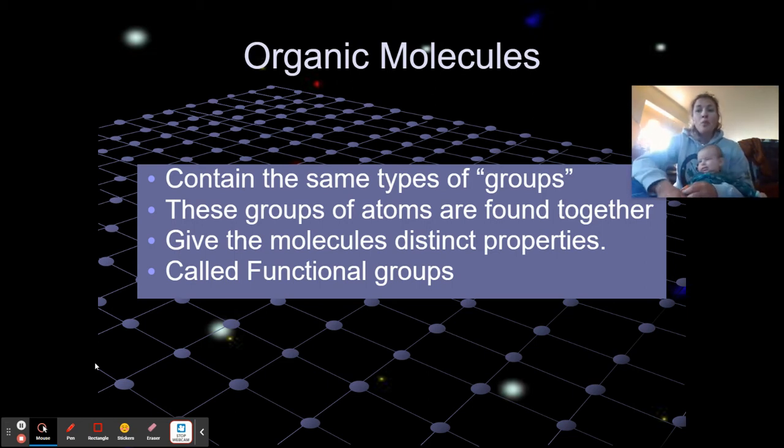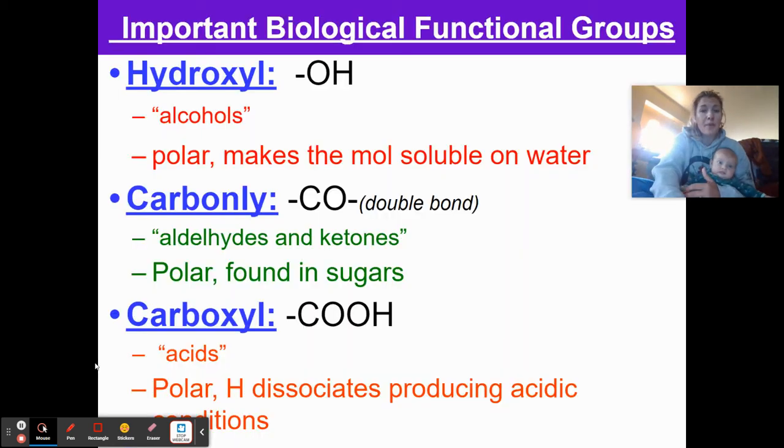This is going to be really important when we talk about cells and cell signaling, which is how cells actually talk to each other. So if we look at those skeletal drawings of different atoms, we will see some of these different groups, and they make molecules, like I said, with a very predictable property.